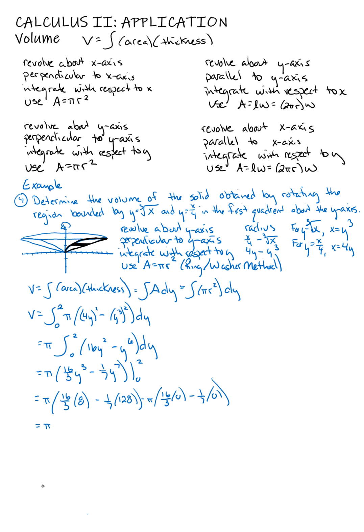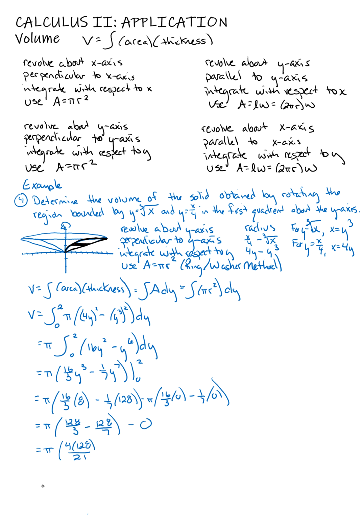Okay. And so we end up with 16 over 3 times 8. That's 128 over 3 minus 128 over 7. And there in the back is just 0. So 128 over 3 minus 128 over 7 would be 4 times 128 over 21.